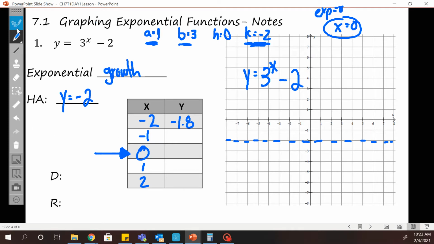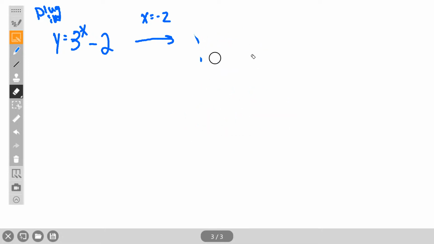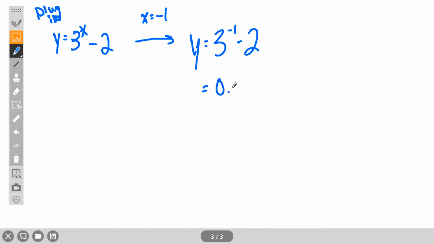Next, I'm going to plug in -1. So y equals 3 to the -1 power minus 2. I can put this into a calculator. 3 to the -1 is 0.3333, minus 2, which is -1.6666 repeating.